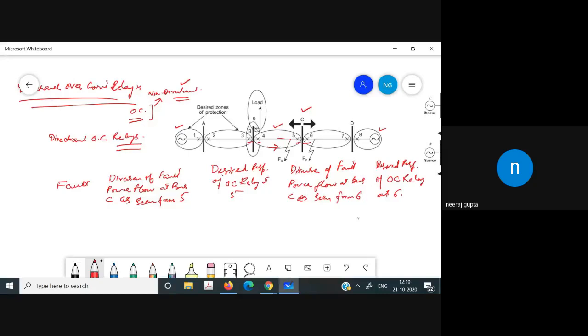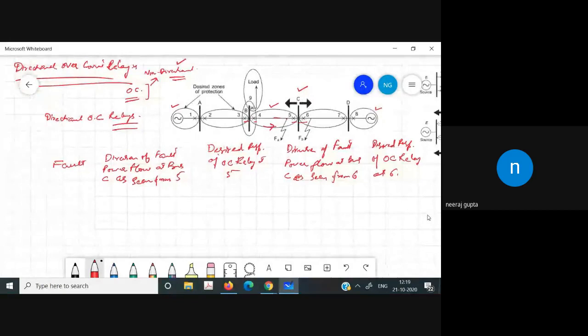So these are the points that we have considered to analyze things.